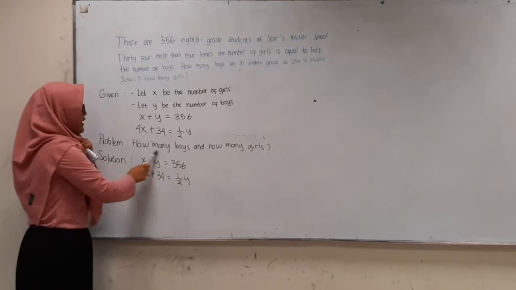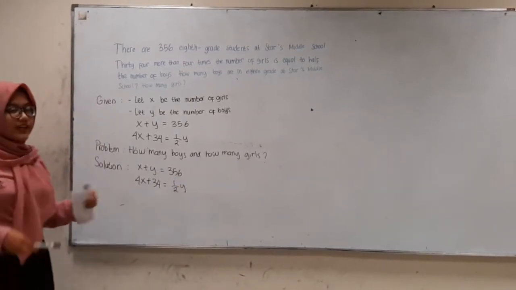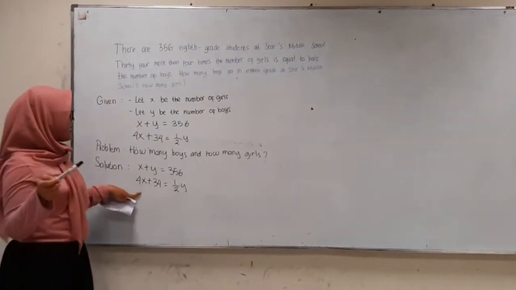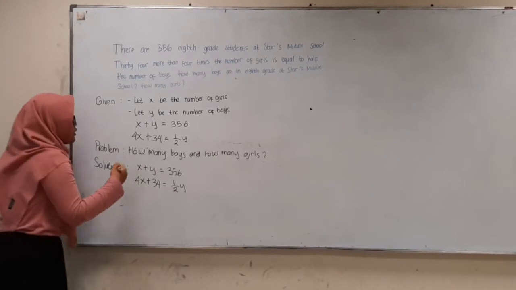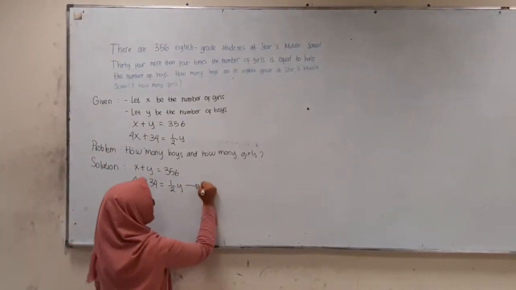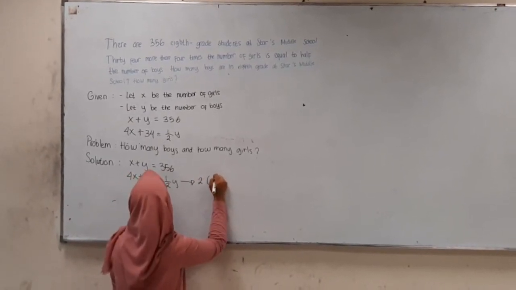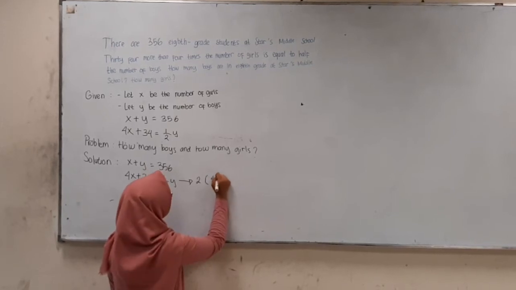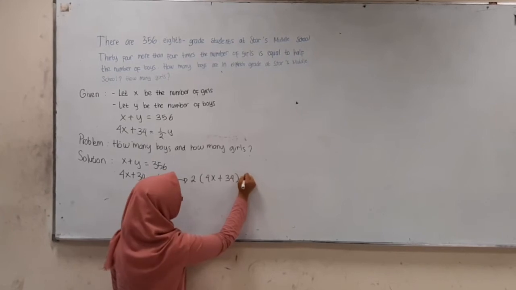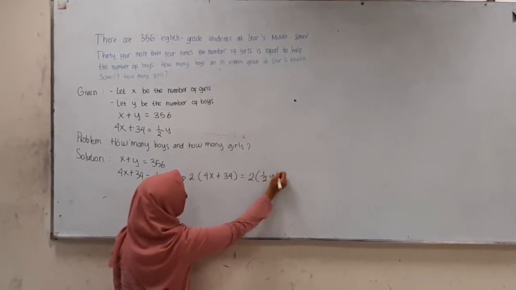If we look at these equations, to get x, we can multiply both sides by 2. So 2 times the sum of 4x is added to 34 equals 2 times a half of y.